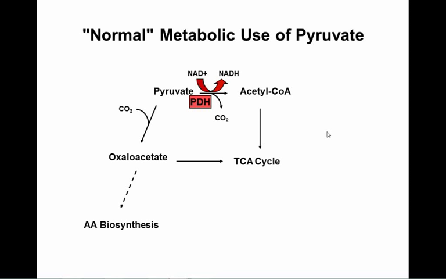So just count the carbons. This is 4 carbon here. This is 3 carbon. This is 2 carbon. So these two are combined, and the first thing you get is citric acid, which is 6 carbon. Converted to isocitric acid and to alpha-ketoglutaric acid.